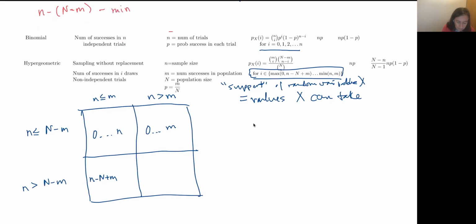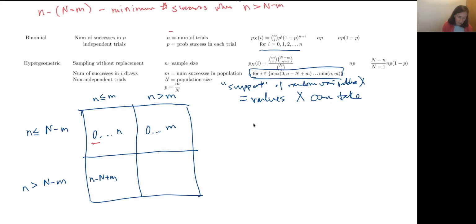This is the minimum number of successes when n is greater than N minus m. Okay, so that's replacing our 0 here as our lower bound.